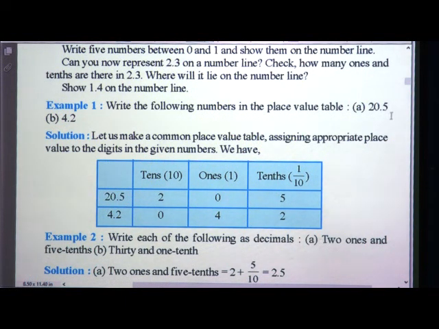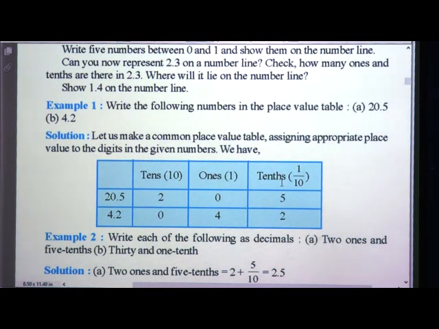We know before the decimal point it is ones, and after ones we have tens, then hundreds, thousands. Now, after the decimal point, what do we have? We have the place value tenth. So we need to create a table wherein we write tens, ones and tenth.